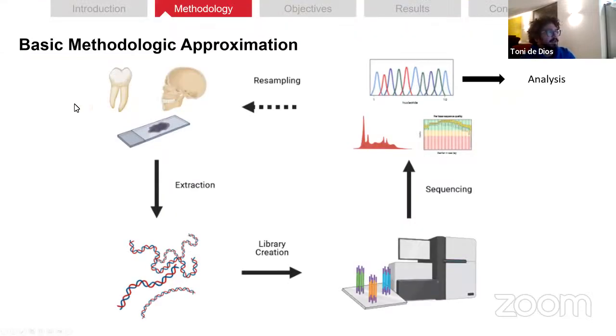Laboratory-wise, this is a typical scheme that you follow. You extract samples from one human source. Depending on the type of DNA you want, whether for the host or for the pathogen, you extract the DNA from different types of bones. But usually for pathogens, we use tooth root.